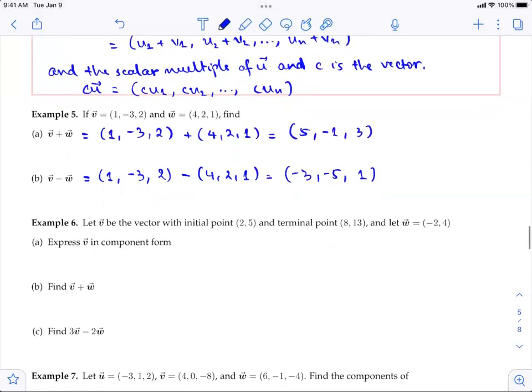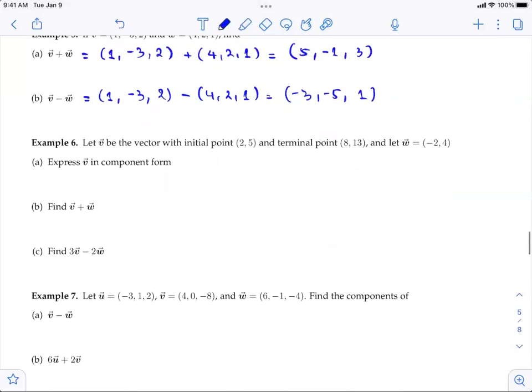Okay. In example 6, you have to calculate the representation for vector v because they give you 2 points, the initial point 2, 5 and the terminal point 8, 13.